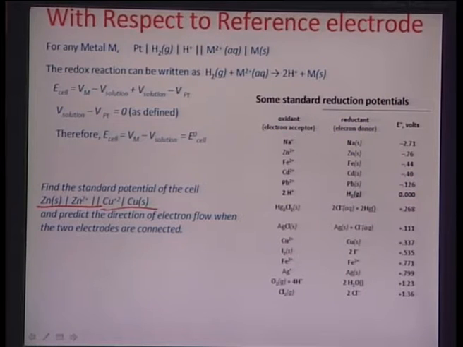And so, if we consider an electrode with the standard hydrogen electrode on one side and the particular metal of interest on the other side, how can we write this redox couple?